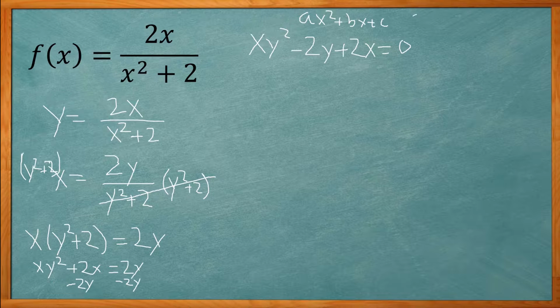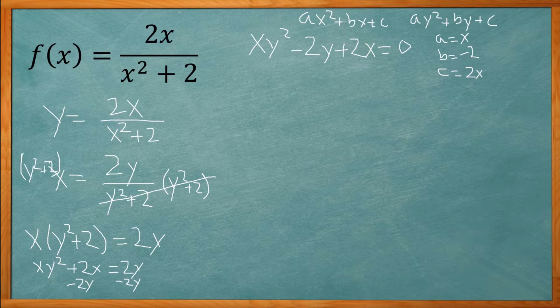So we really have ay squared plus by plus c. So our a is going to be x, because that's what's in front of the y squared term. Our b is going to be negative 2, that's what's in front of the y term. And our constant value, our c value, is going to be 2x.